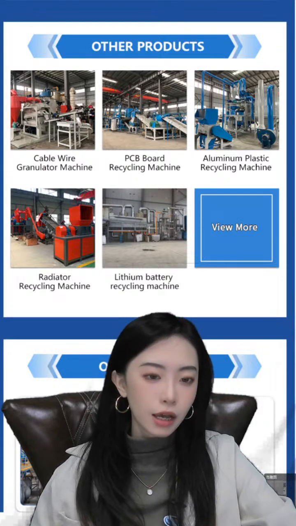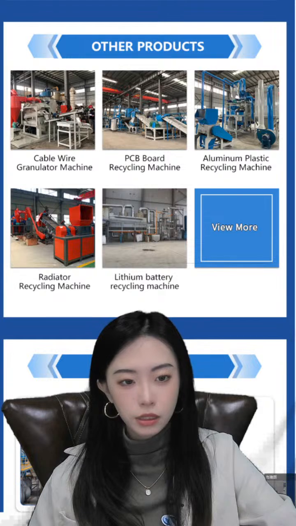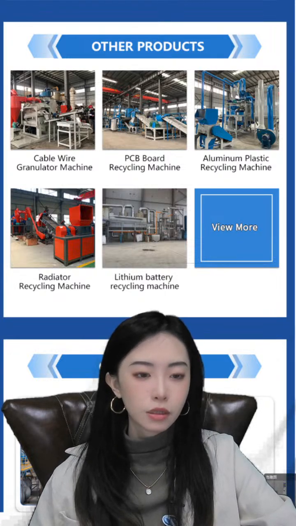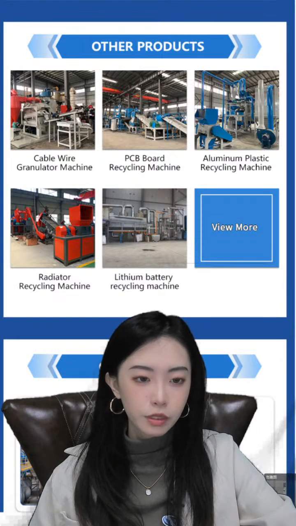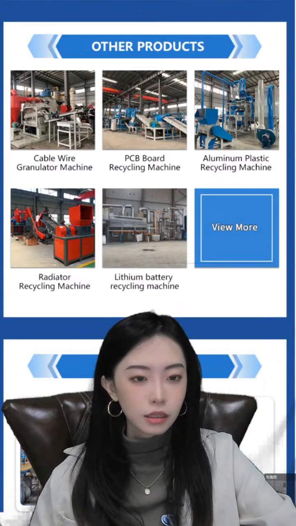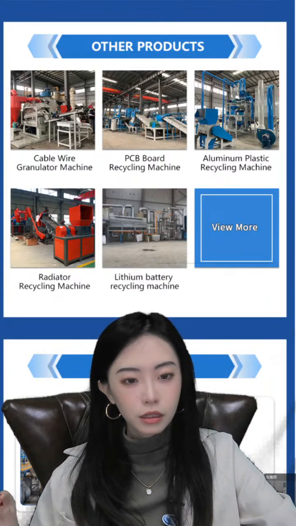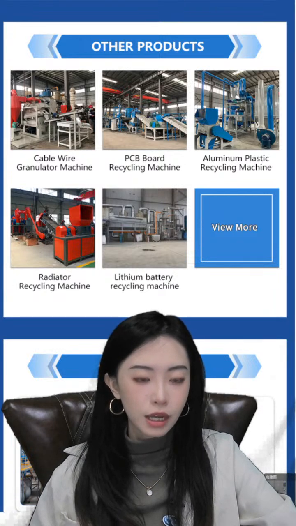Also we have the e-waste recycling machine, which can recycle solar panels, lithium battery, PCB board, and so on. Using the crushing machine and separating machine, we get metals, glass, fiber, plastic and other materials from this e-waste.